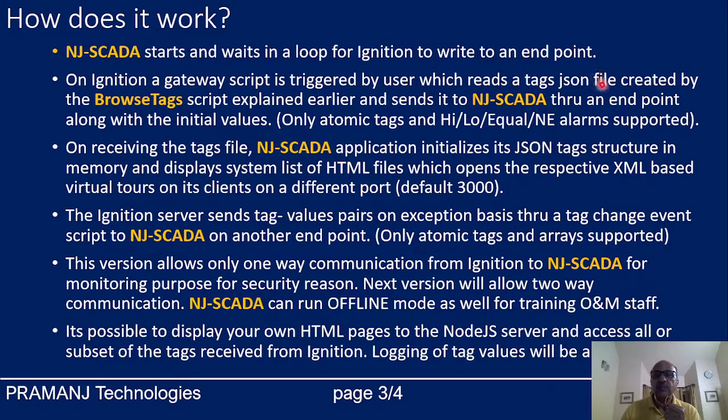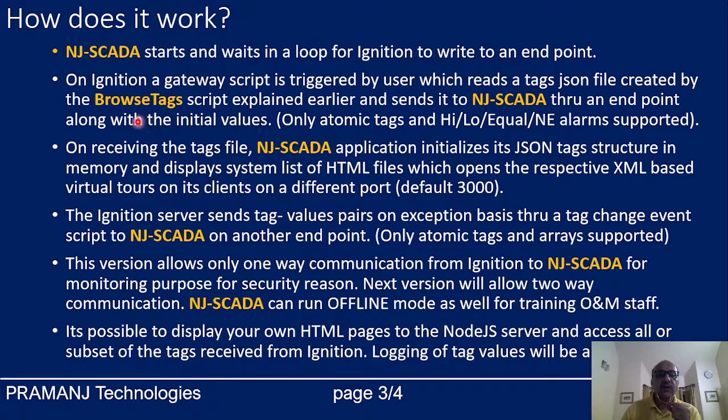which serves as a database for the NJ-SCADA application. So the tags.json file basically has to be generated through a separate offline tool called browse tags. This has been explained in a separate video, but its basic purpose is to generate a JSON file for all the tags that one is interested in that are defined in a tags path file.